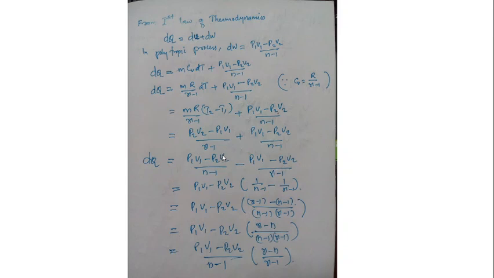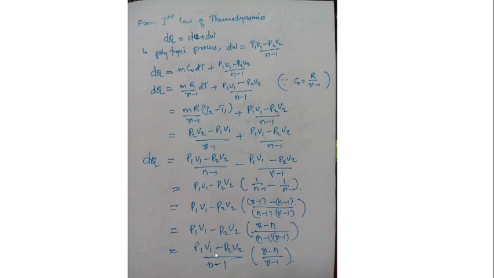Now if you replace this and take the common factor P1 V1 minus P2 V2, we get P1 V1 minus P2 V2 by n minus 1 minus P1 V1 minus P2 V2 by gamma minus 1. So finally we will get P1 V1 minus P2 V2 by n minus 1 into gamma minus n by gamma minus 1. This is the equation we used in our problem.